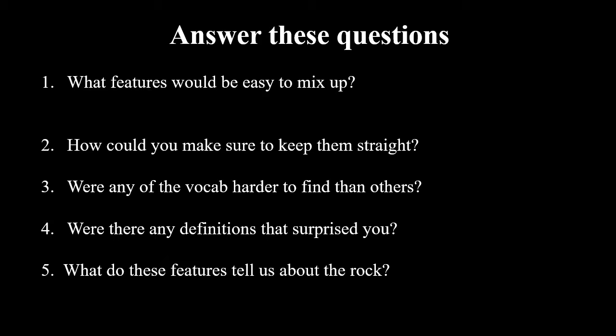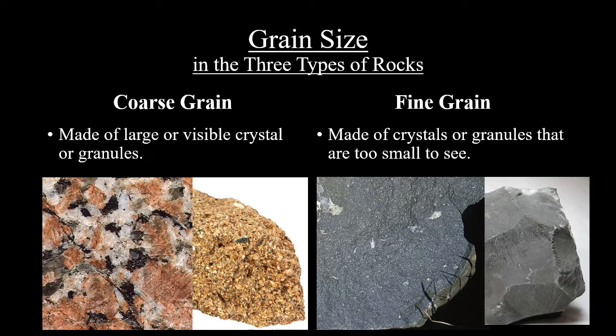All right, moving on. After you finish all that, we're going to talk about two more things before we get to the lab tomorrow, and that is grain size. We've talked about coarse grain and fine grain a lot in these videos. Coarse grain means that it has large or visible crystals or granules.